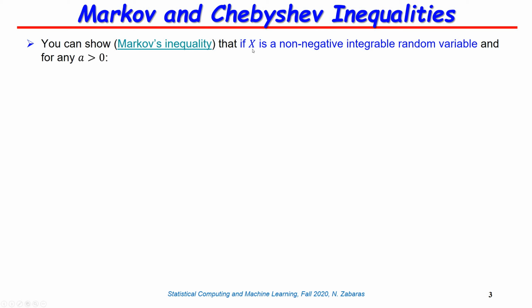So let me start with x being a non-negative random variable, and let me take a positive number a. I'm going to prove to you that the probability that x is greater or equal to a is bounded by the expectation of x divided by a.